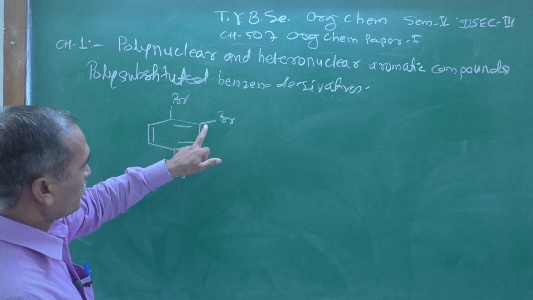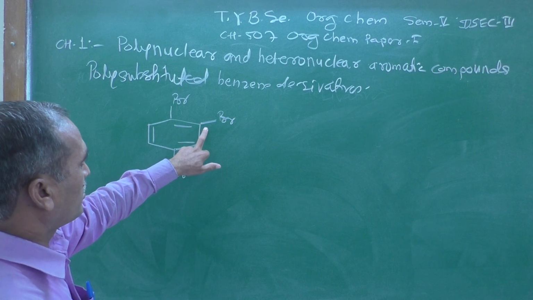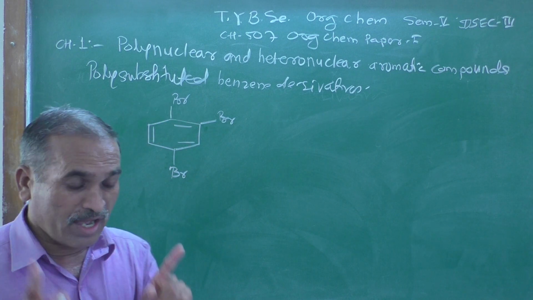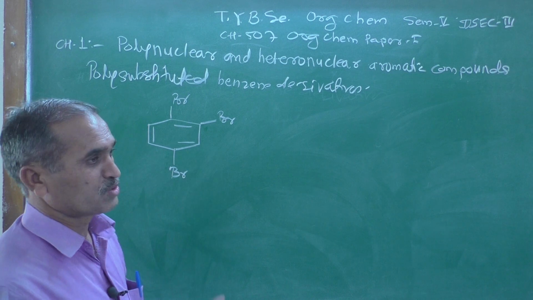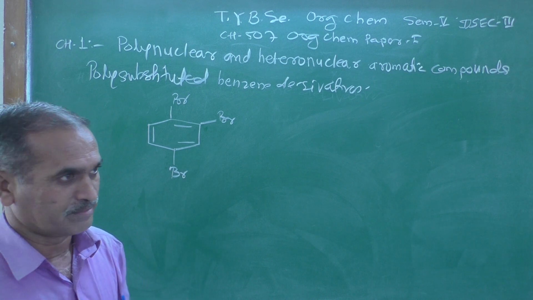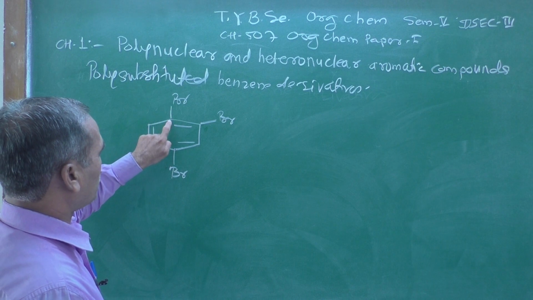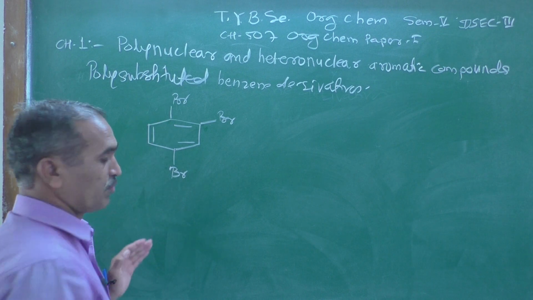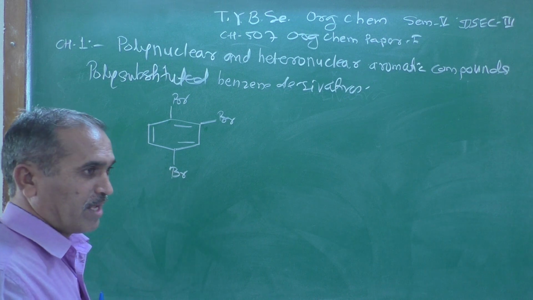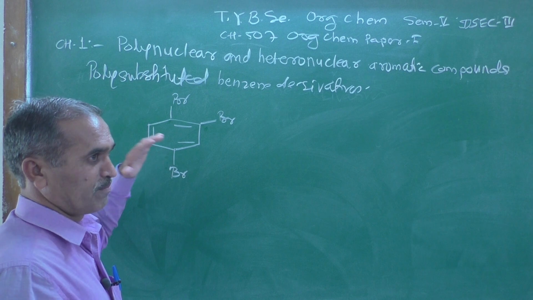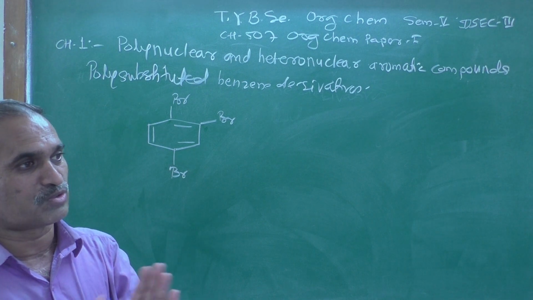Remember, if you start the numbering from here on the left hand side or right hand side, that numbering system is also completely wrong. So which is right then? If you start the numbering from this side, but if you travel from the left hand side, that is also not the correct one.